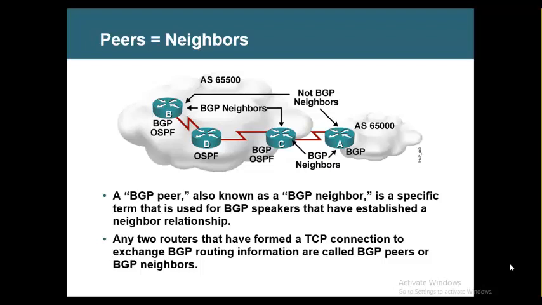First is TCP, because it's a TCP-based protocol. Only after TCP synchronization, the three-way handshake, all other things will follow, like the BGP open message, and then BGP notification, BGP updates, which we saw in the previous chapter.